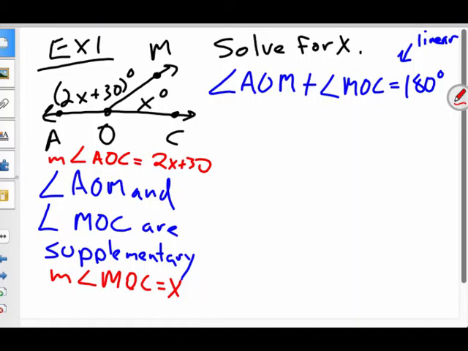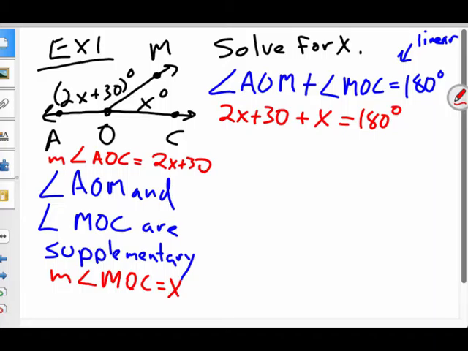It's just x. So if I write 2x plus 30 plus x equals 180, what property did I just use?